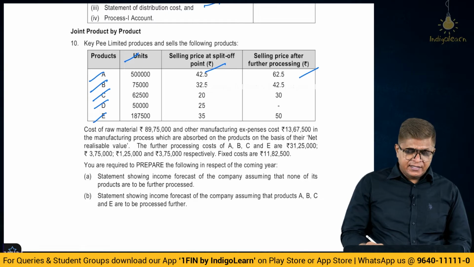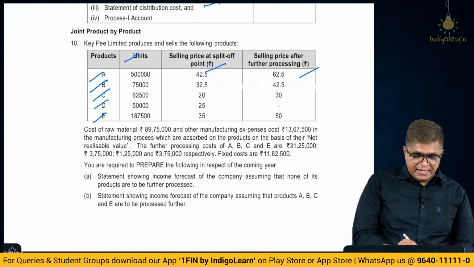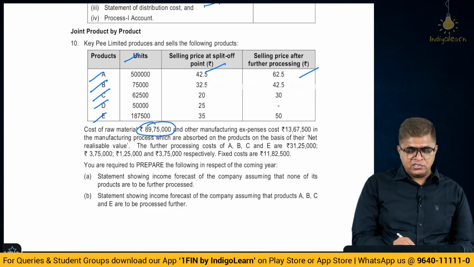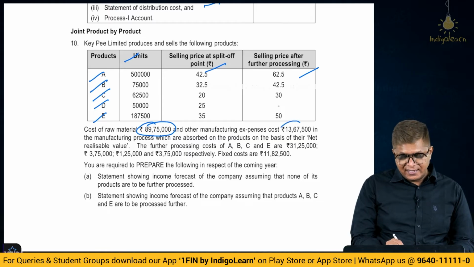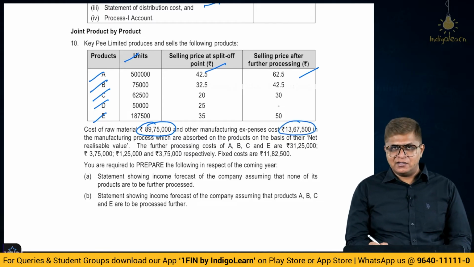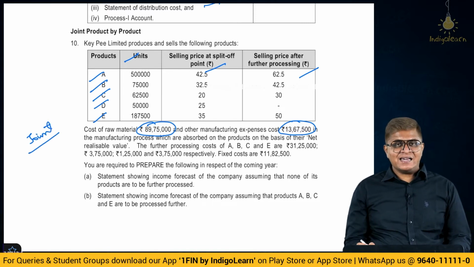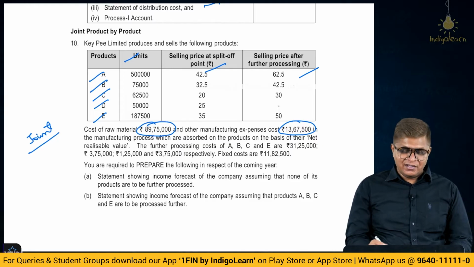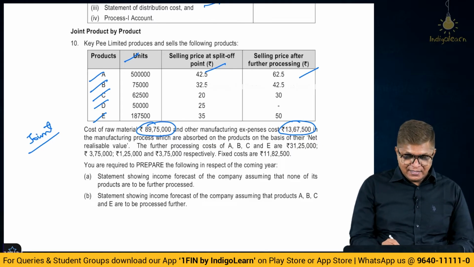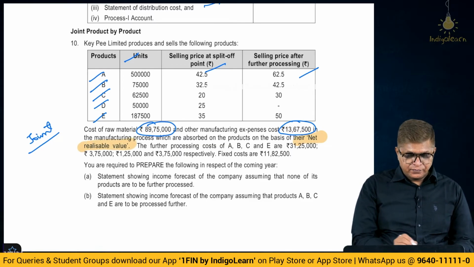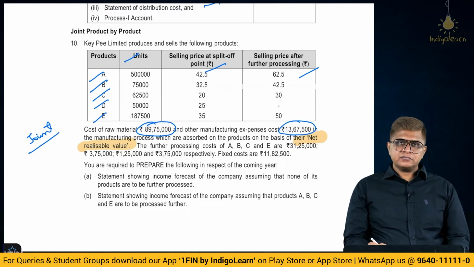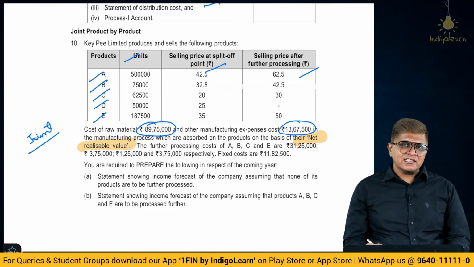So, what they are saying indirectly is this 89,75,000 the material and 13,67,500 the manufacturing cost, which essentially are the joint cost for the 5 products. They are saying they are absorbed on the basis of their net realizable value. Now, I have a doubt. Sir, what is meant by net realizable value?